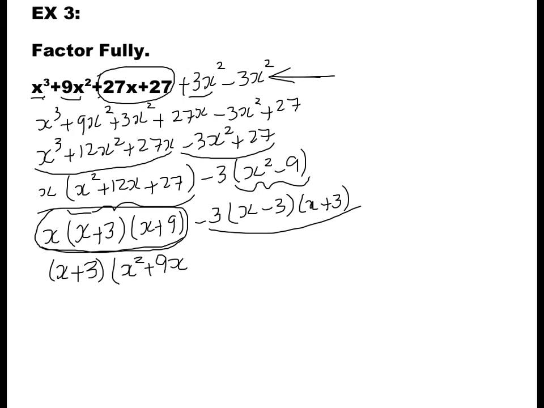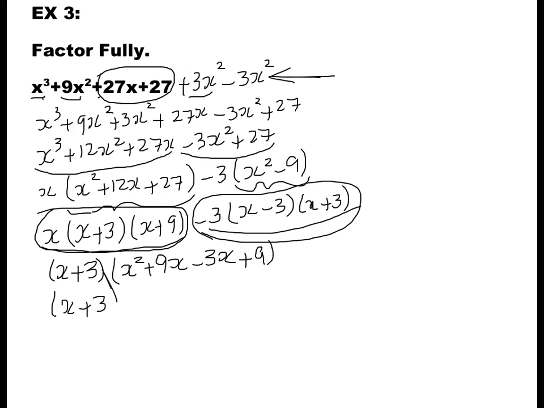And from this, if I take x plus 3 out, I'm going to get negative 3 times x minus 3. If I distribute negative 3 inside, I get negative 3x plus 9. Now I'm going to end up with x plus 3 times x squared plus 9x minus 3x, which gives plus 6x plus 9.